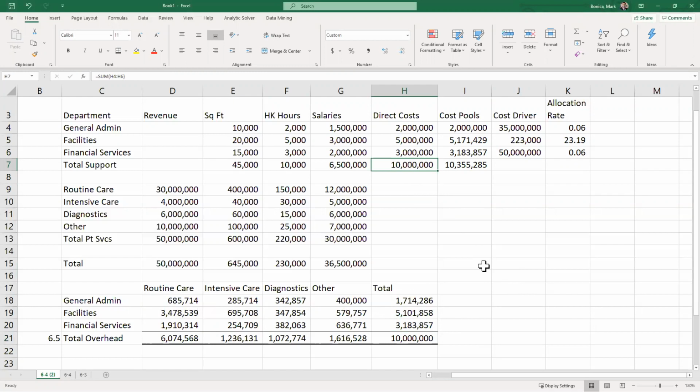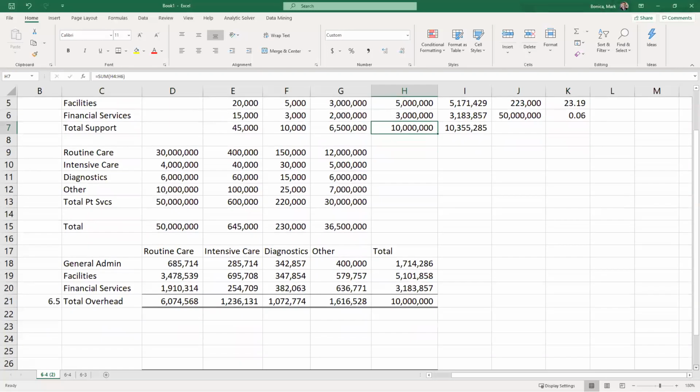All right, so that's 6.5A. 6.5B says compare the dollar allocations with those obtained in problem 6.4. So 6.5 and 6.4 use the same cost drivers, right?